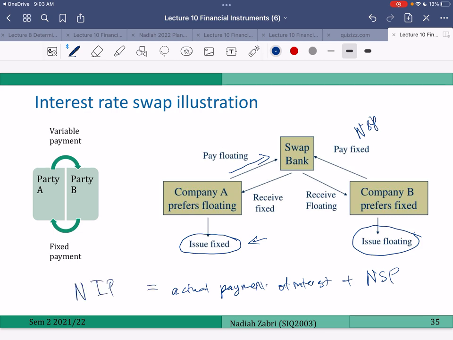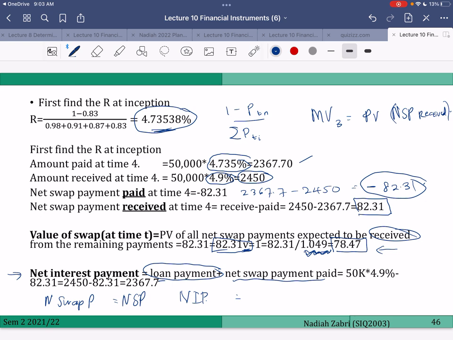So net interest payment is the loan interest payment only, not the whole thing, plus the net swap payment paid. For this person, he will pay the loan on a variable rate, but the swap is on a fixed rate.